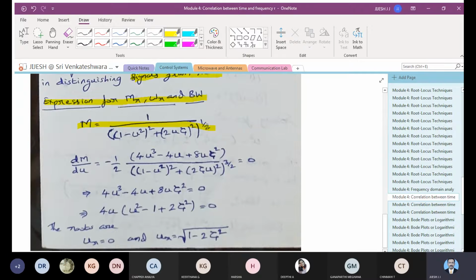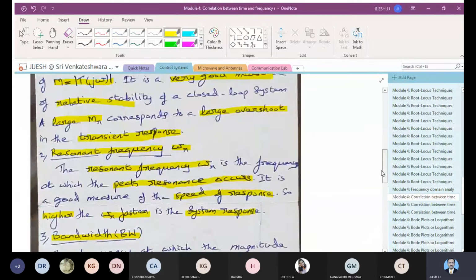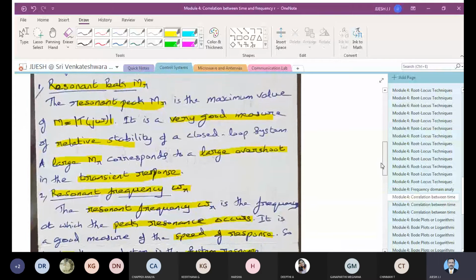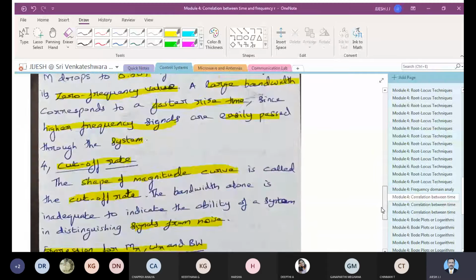After that, you just differentiate with respect to u. Here we are going to find the expressions for MR, omega R, and bandwidth. MR is the resonant peak, omega R is the resonant frequency, and then you have bandwidth.